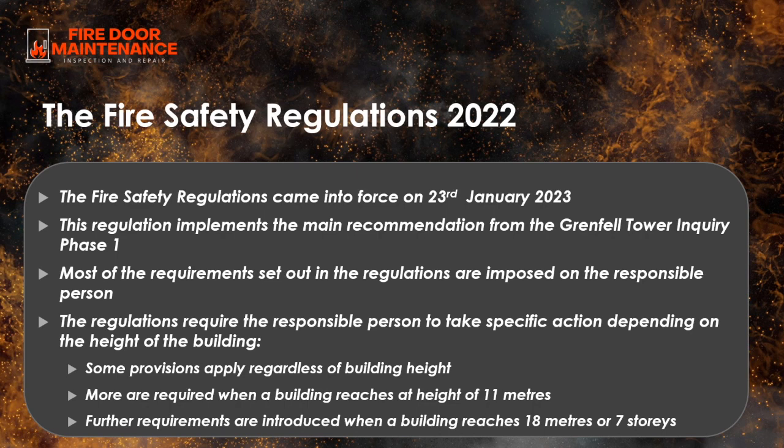Again, when a building is either 18 metres high or has 7 storeys, a further set of requirements needs to be followed. So it's really important that the responsible person for each building is fully aware of the actions they need to take to comply with the regulations for their specific building. As you can see, those regulations change for different sets of criteria.